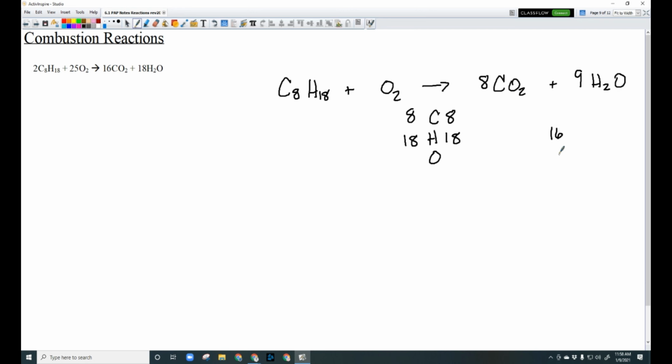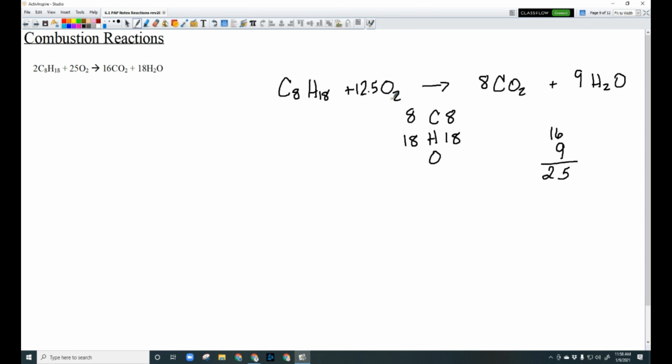So on this side we've got 25 oxygen. Now we need to match 25 on this side. Here we have a 2. So what can we put here to multiply by 2 to get us to 25? That's going to be 12.5, 12 and a half.